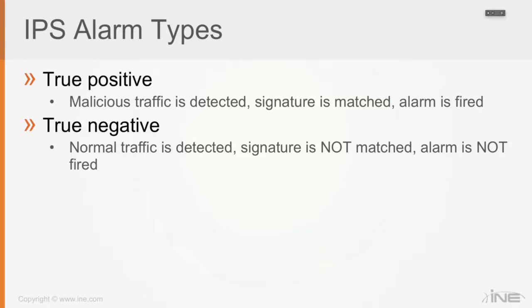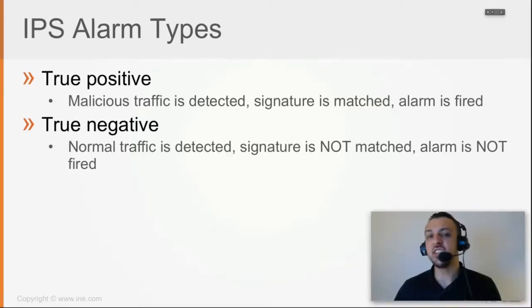That's what we want. When the IPS detects malicious traffic, we want it to fire an alarm. When it detects normal traffic, we want it not to fire an alarm. So positive means the alarm was fired, and negative means the alarm was not fired. It's very simple. Both of them are of type true because this is what we would want the IPS to do in general.